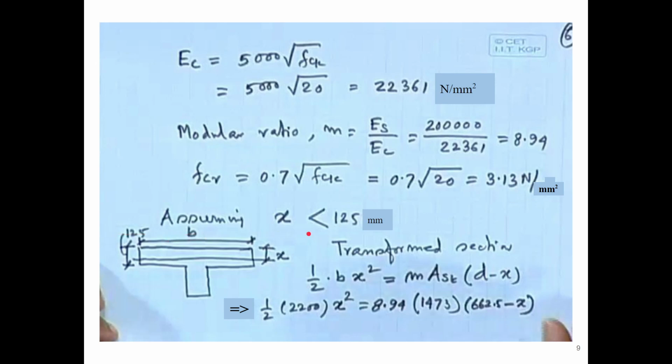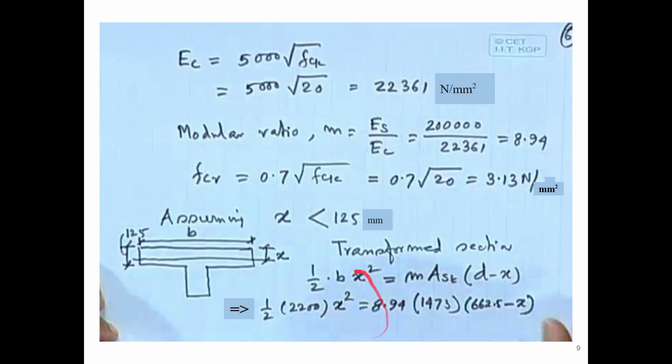Now we will find the depth of the neutral axis. Let us first assume that it is inside the depth of the flange. The flange depth is 125 mm, so we assume that x is less than 125. We can directly use the simple equation by comparing the tensile and compression forces in the transformed section: half b x square equals m Ast into (d minus x).